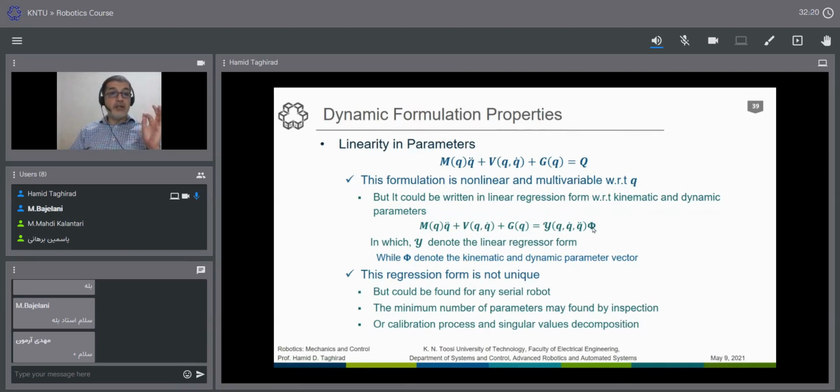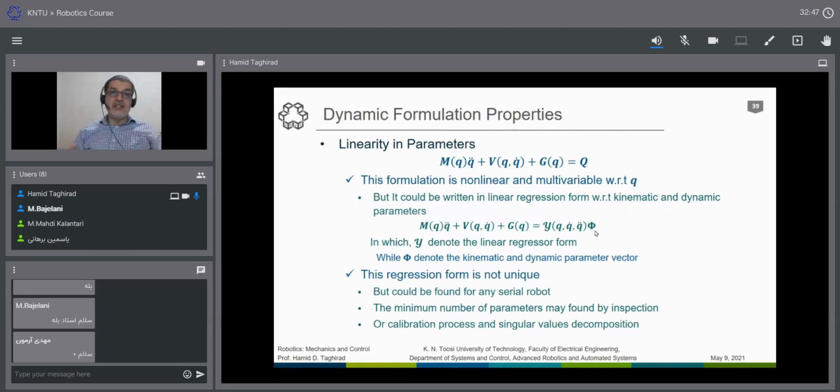The moment of inertia in general is a 3 by 3 matrix, 9 parameters, but since it is symmetric, we have 6 parameters there. So for each link, we have 10 parameters here. So if we have a 6 degree of freedom manipulator, we have a 60 parameter space in the phi.